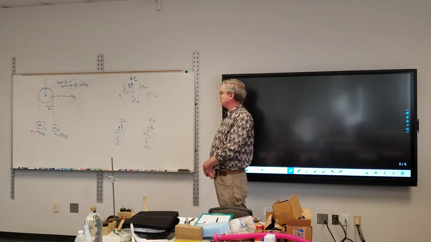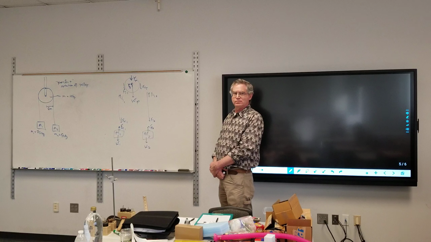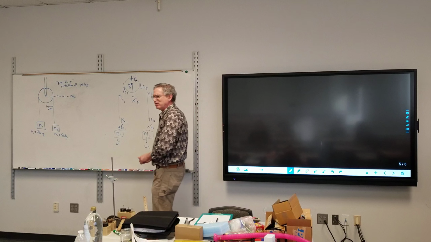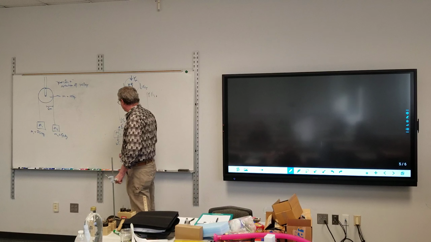Which way will mass 1 move? That way. Okay, so that's going to move in that direction. This better be moving up. And the pulley, therefore, is going to be moving that way.